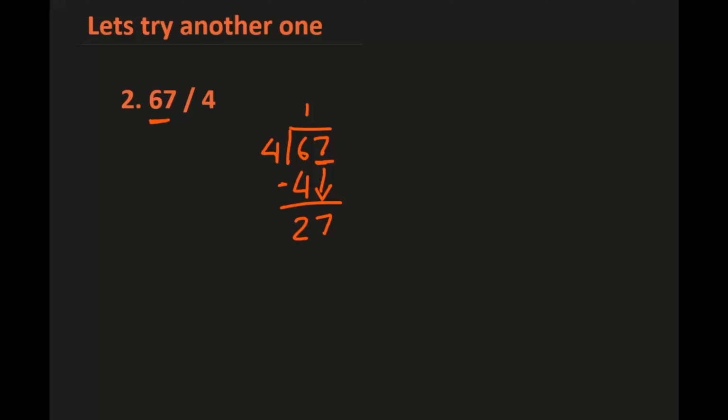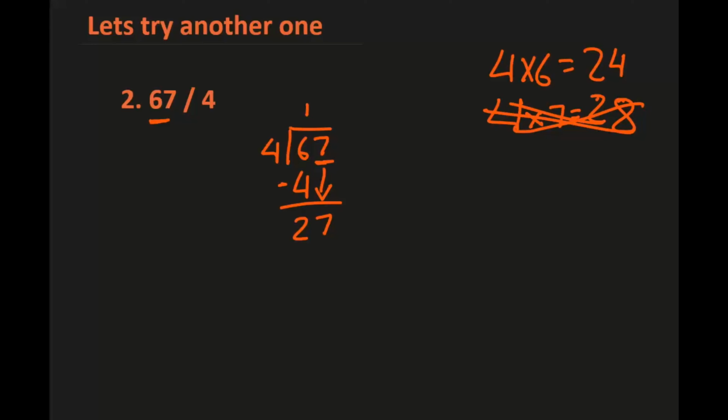Now, we have 27. So we know that 4 times 6 equals 24. And then we have 4 times 7, sorry about that, that looks a bit too big, which is 28. So this won't work.